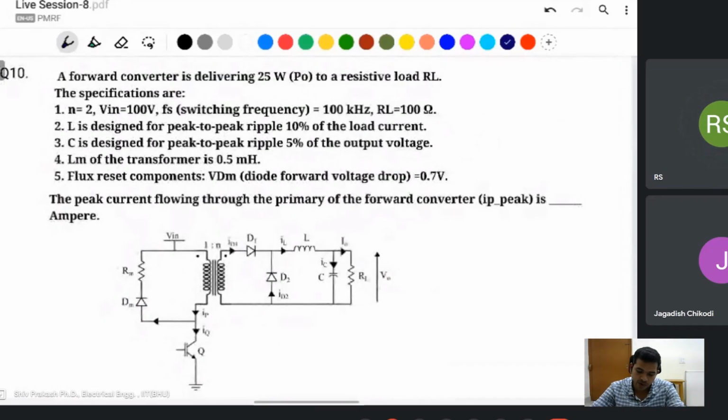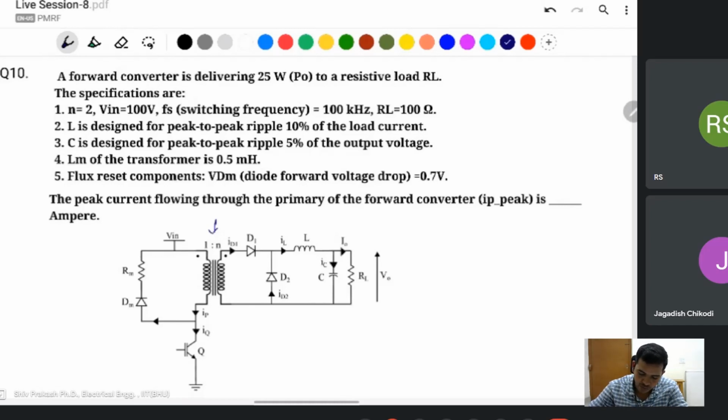Next question is for the forward converter. The forward converter is delivering 25 watt output to a resistive load RL. The specifications are: n is equal to 2, mentioned clearly on the secondary side.